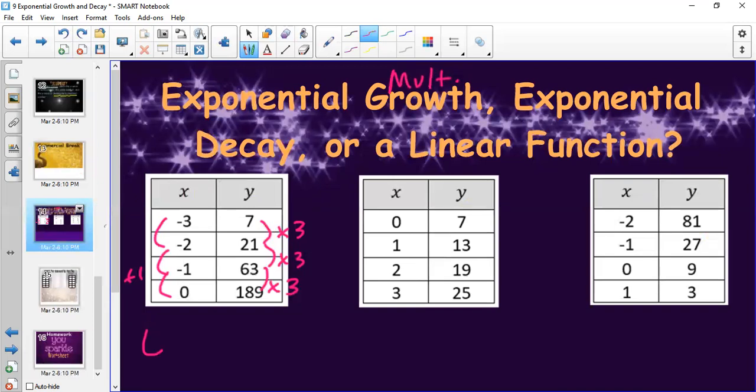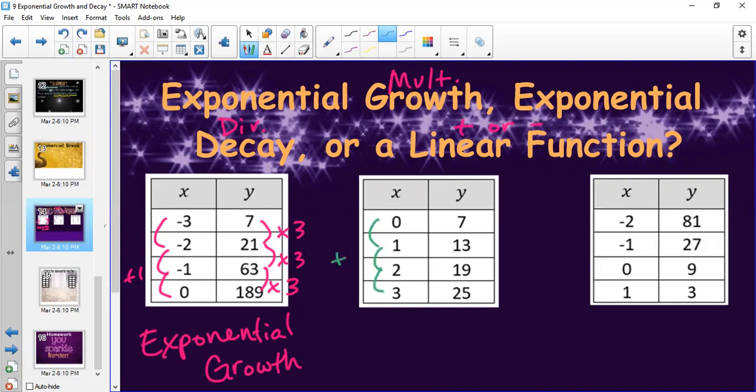This is exponential growth. And just as a recap, multiplying is growth, dividing is decay, linear function is adding or subtracting by that constant rate of change.